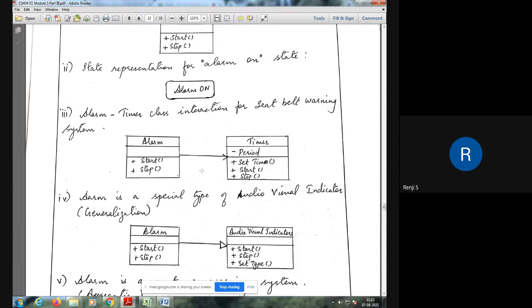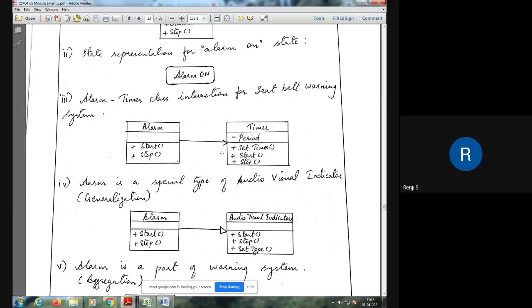Now this simple diagram shows an alarm timer class interaction. There is a class named alarm, another class named timer, and this alarm depends on the time set by the timer. There is a relationship between the alarm class and the timer class, and it is shown by an association relationship. A solid line with an arrow represents an association relationship.